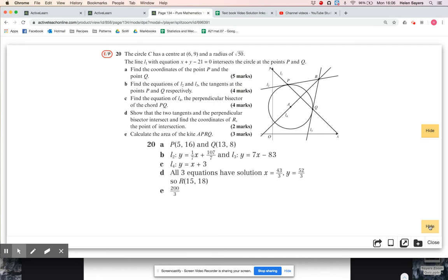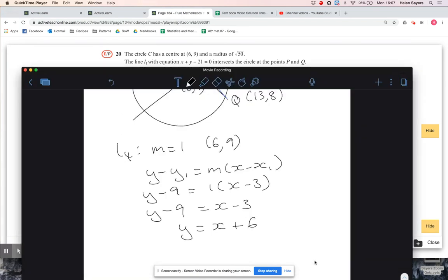No, what have I done daft? No, it doesn't go through the centre. Yeah, it does go through the centre. So centre is 6, 9. Oh, for goodness sake. Just making up numbers. So that was never a 3. That's why our answer doesn't work. That was a 6. That's more like it. Right. Okay, bye.